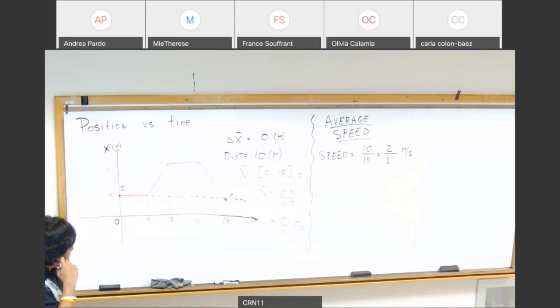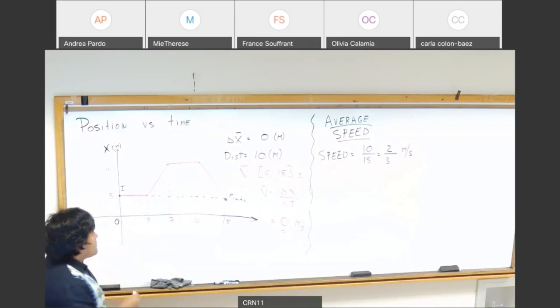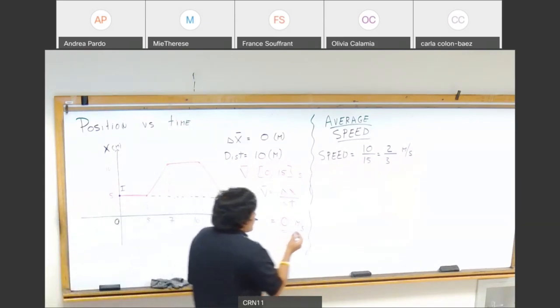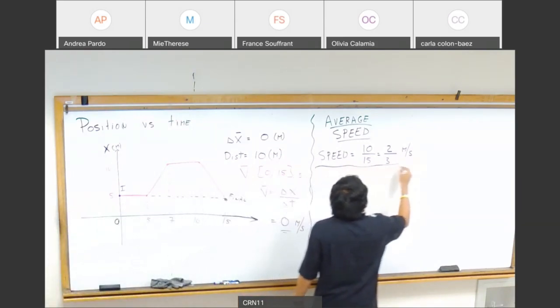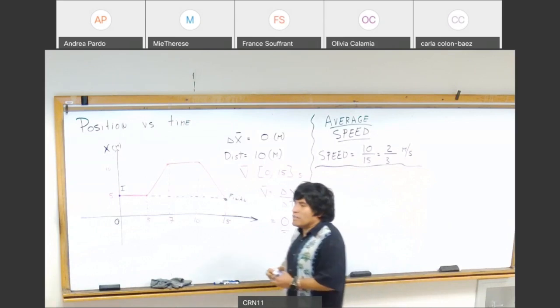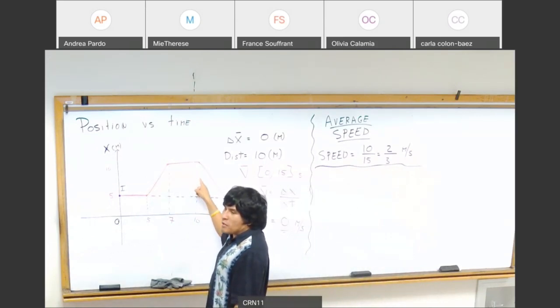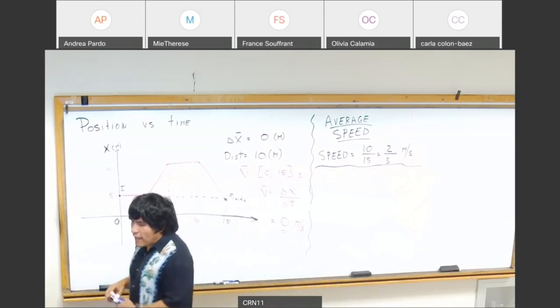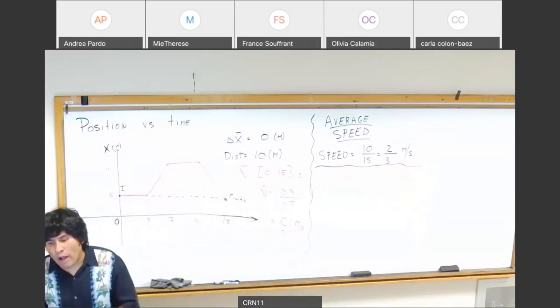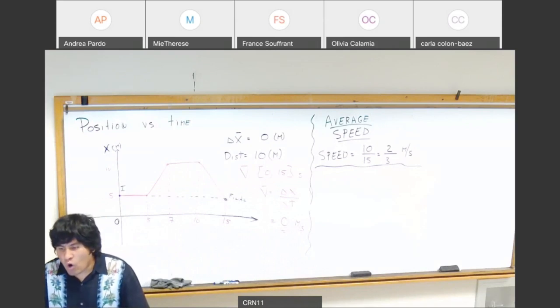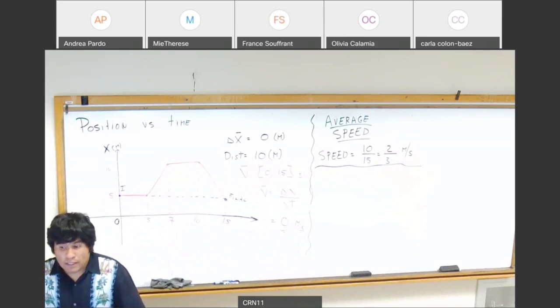Now I will ask, what other information can you get? And this is very important. The other information you can get, guys, is the velocities in each part of that trajectory. All right? For that, we will need to remember from Algebra 1, what's the definition of slope? The slope is the rise over run.